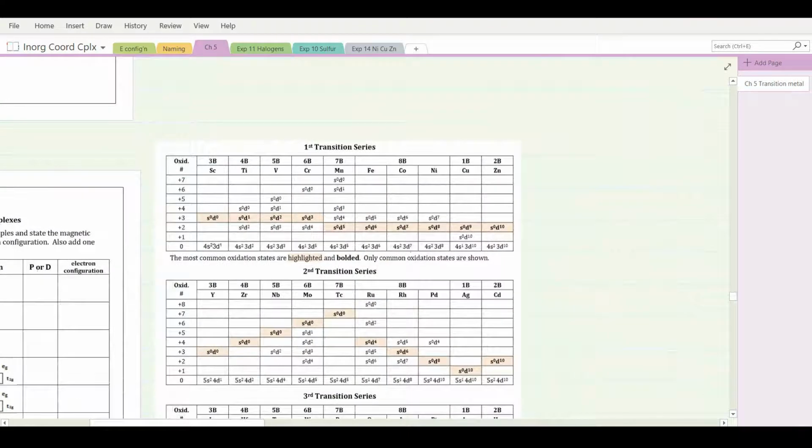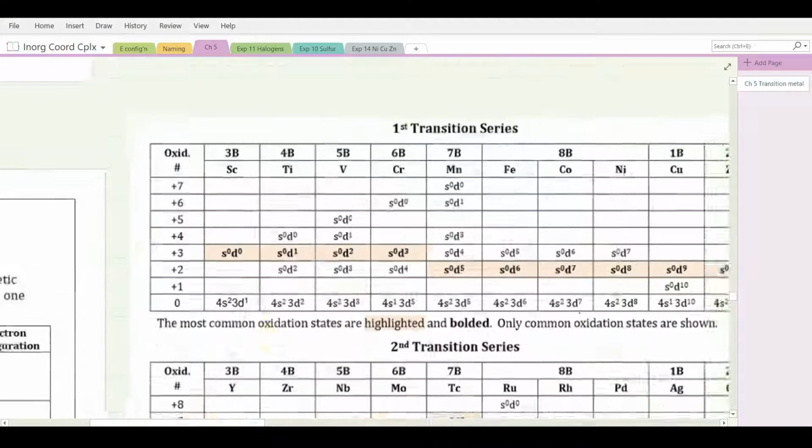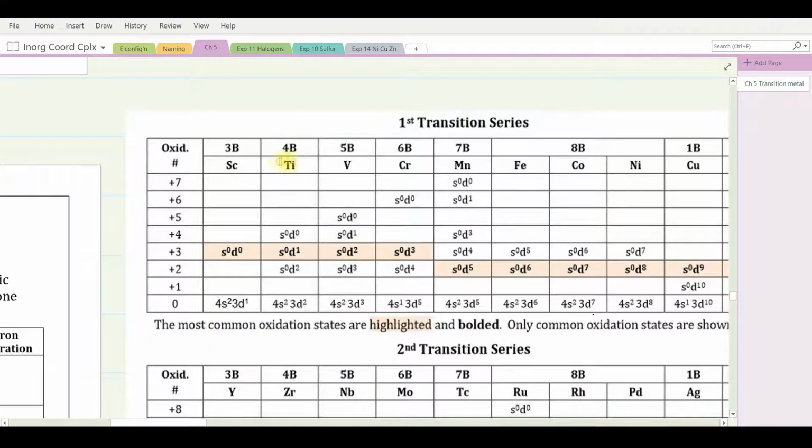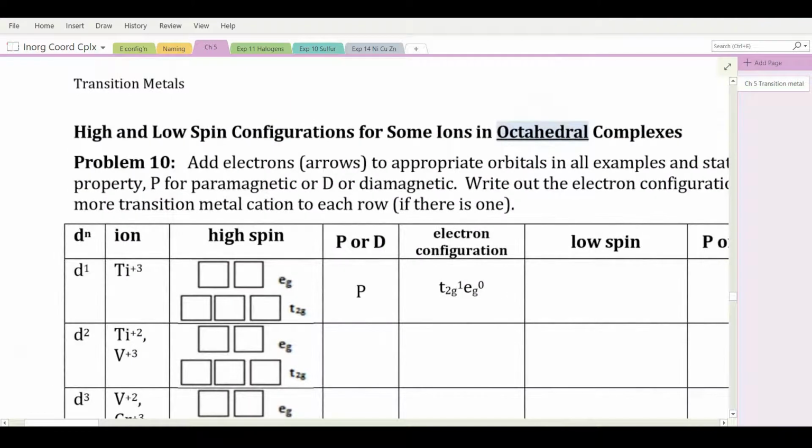Let's see, scandium, titanium, here it is. Titanium 3 is a d1 electron configuration. Let's place those d electrons in the octahedral field orbitals Eg and T2g. So there's one electron in the T2g orbital.